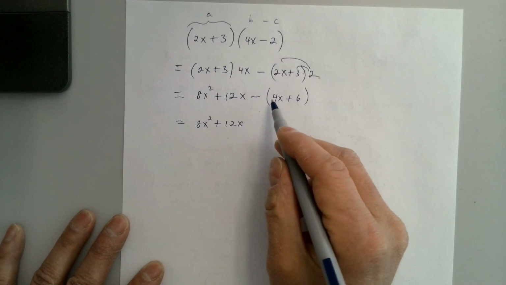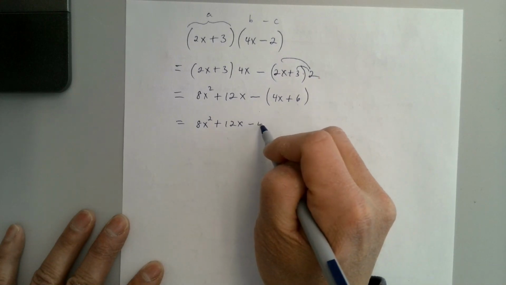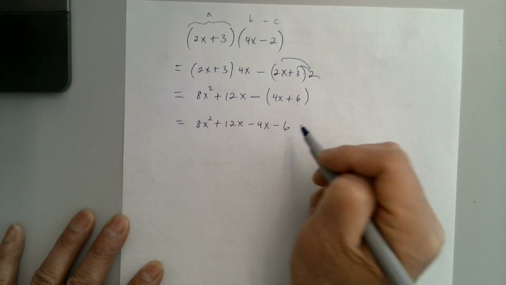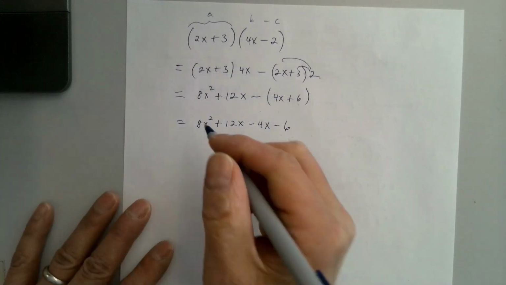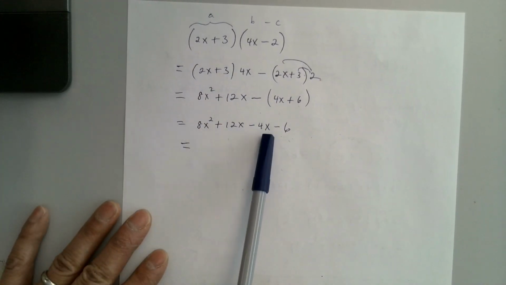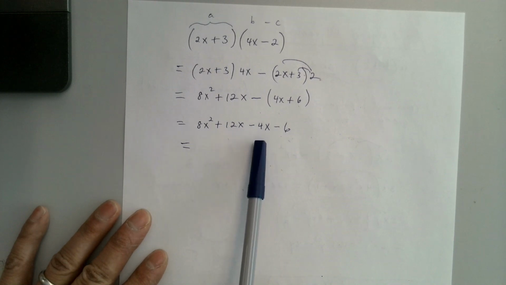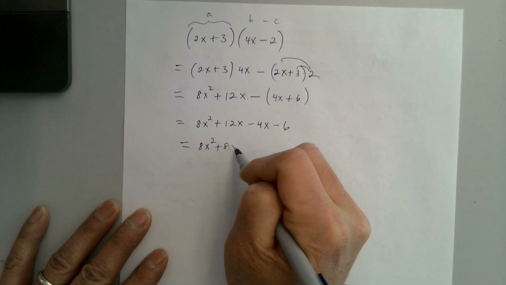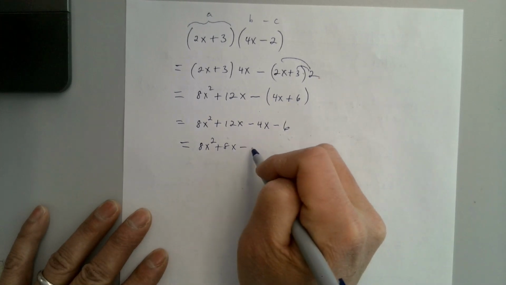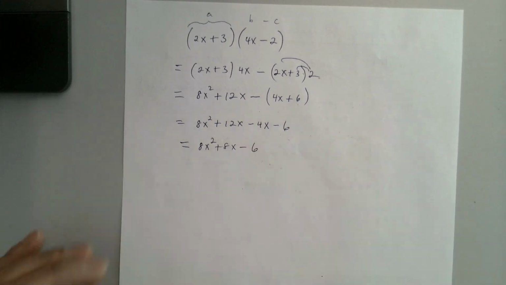Okay, here I'm just going to distribute the minus so that the parentheses are gone. Okay, so I ended with 4 terms as expected, but the two middle terms again are like terms. I get a trinomial of degree 2.